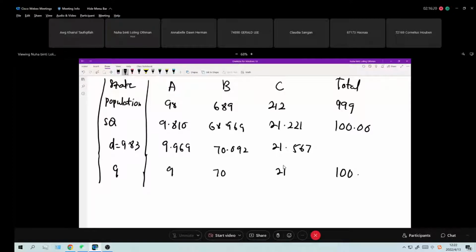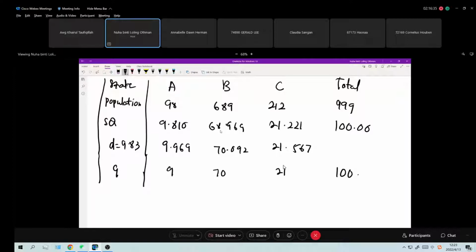Based on this one, department B has a standard quota of 68.969.